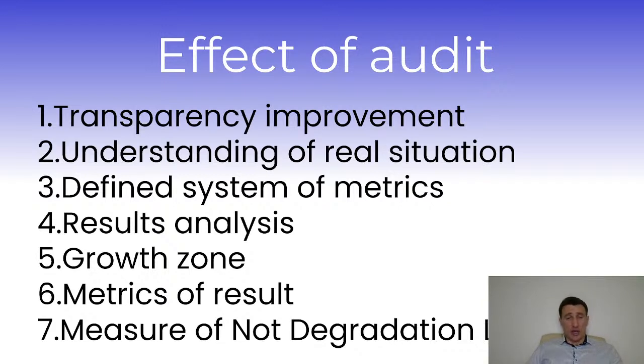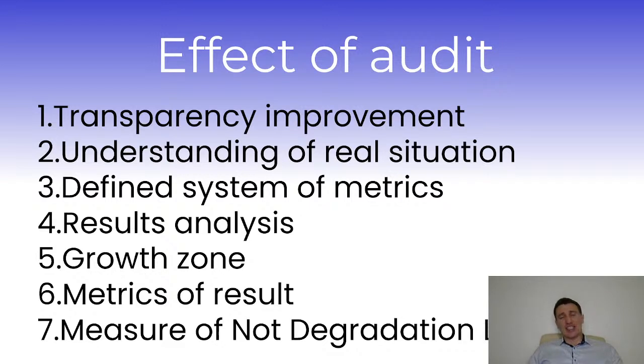The second point is understanding of the real situation. We don't know how it goes right now, but when we complete this audit, we understand the current state. So what is going on right now? And we understand that this part is really working, and these parts are not good, and we should improve them.